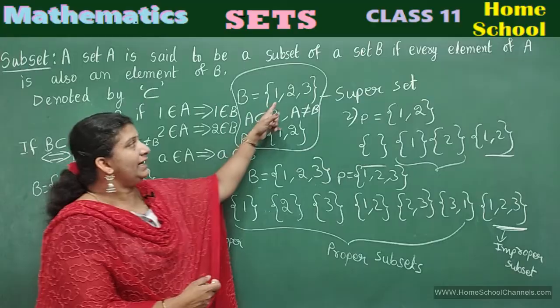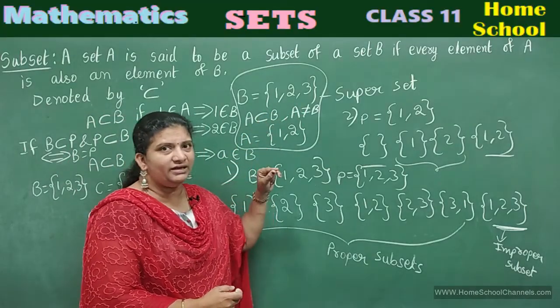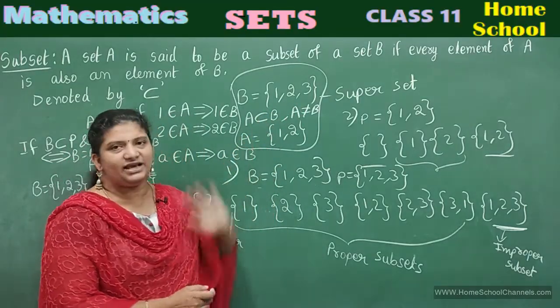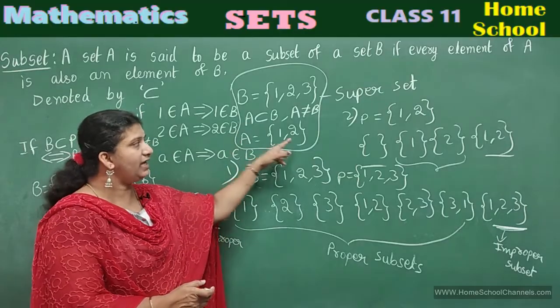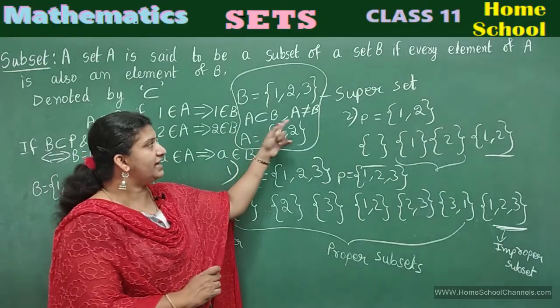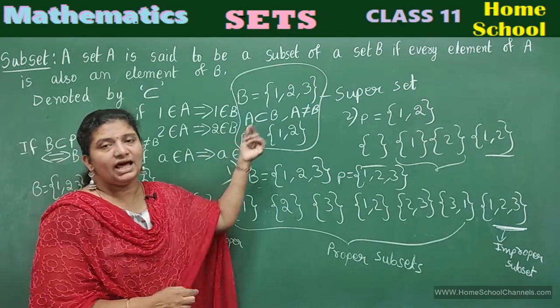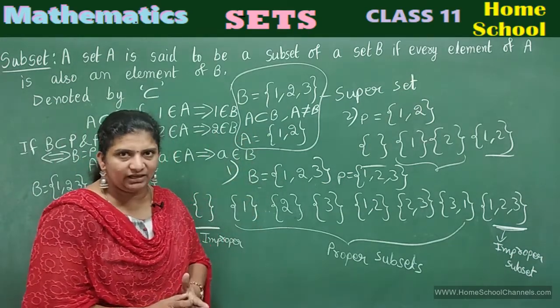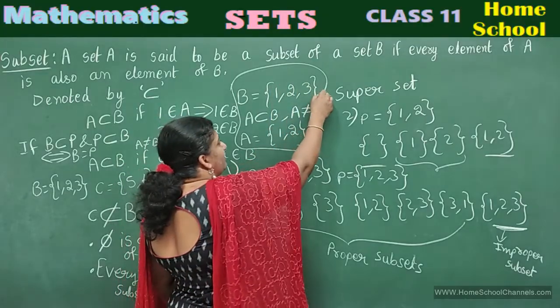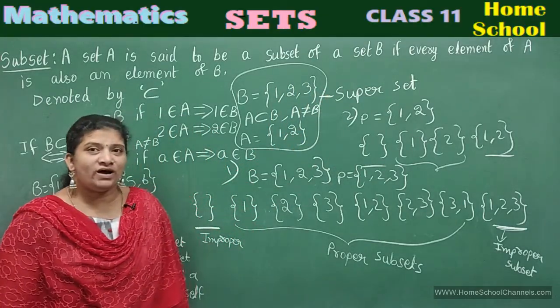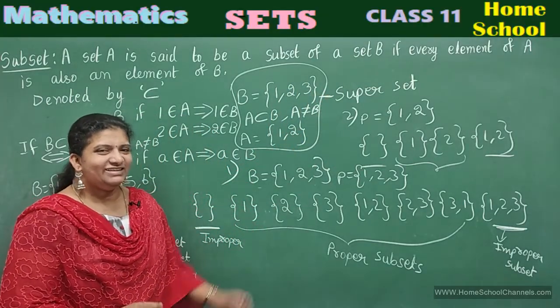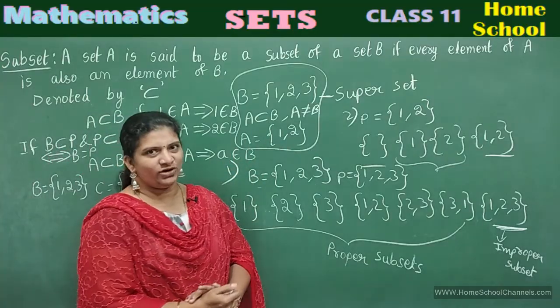B has another element which is not there in A. If that element were also there, I would say that A is equal to B. If A is a subset of B and A is not equal to B, then that B set we call a superset.